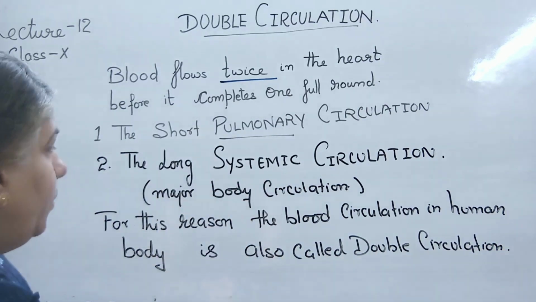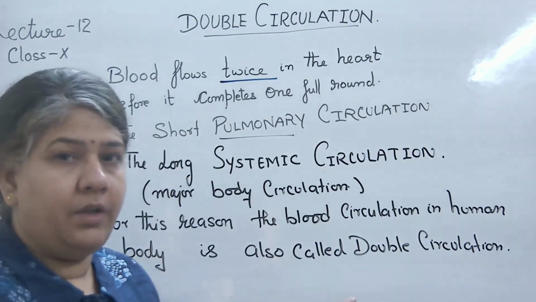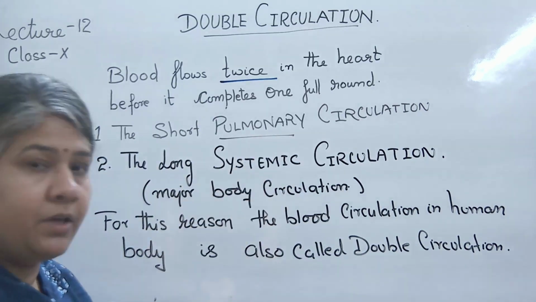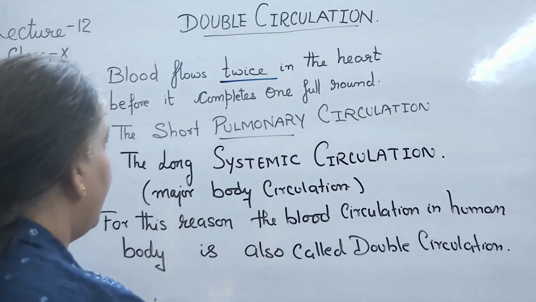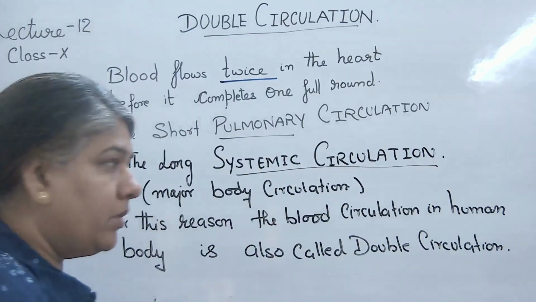Okay, if you get a 2-marker question, so this much will be sufficient. If it is a 3-marker question, then you have to explain pulmonary circulation as well as systemic circulation. That I'll write down in a while.